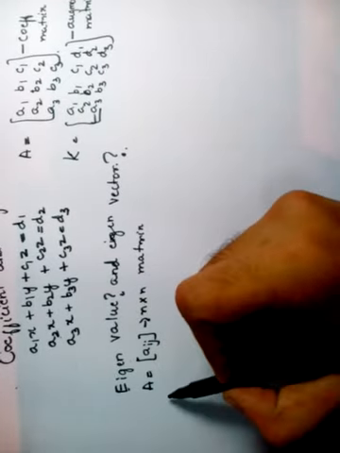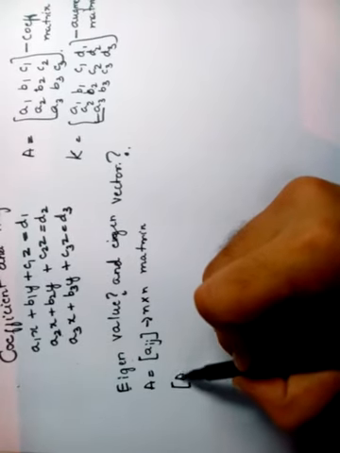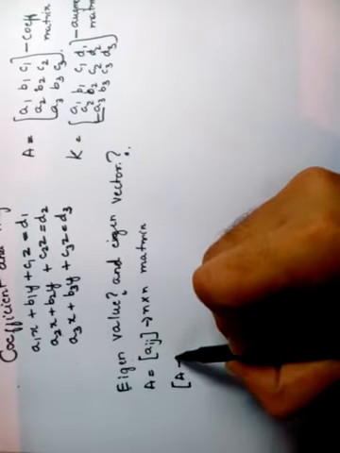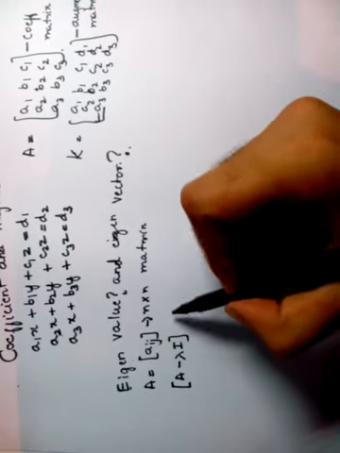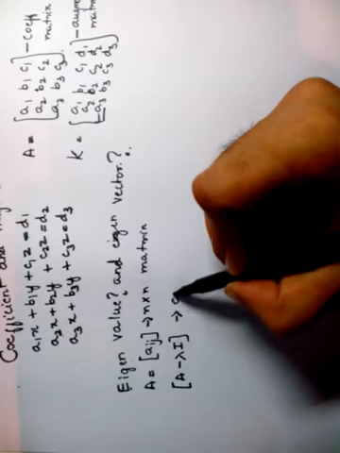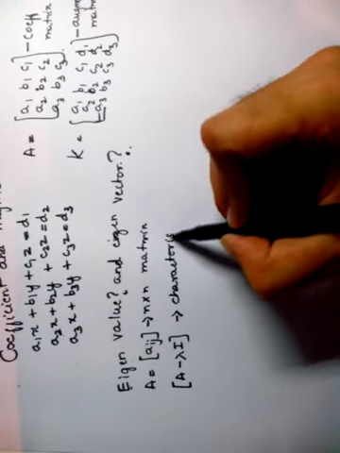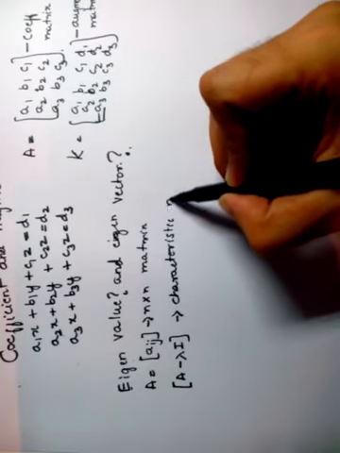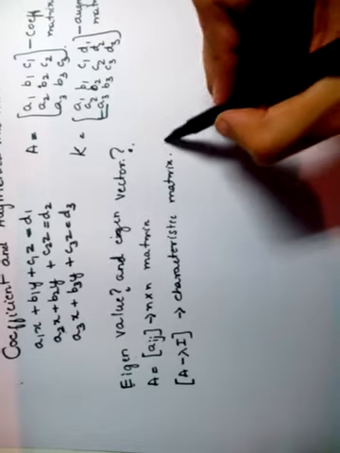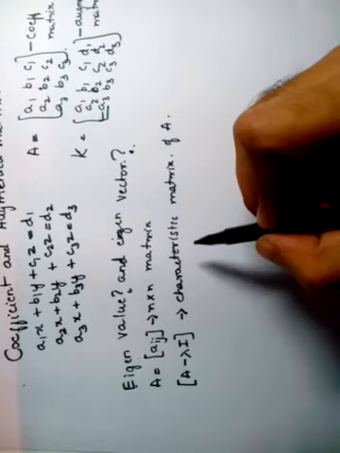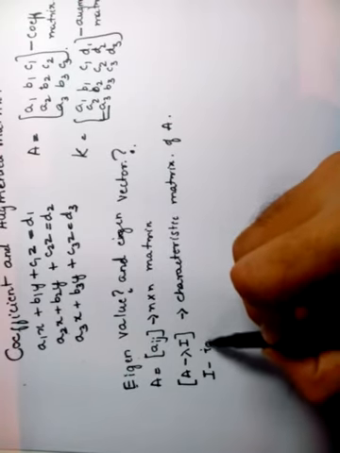Then the matrix A minus lambda I is called the characteristic matrix of A, where I is an identity matrix.